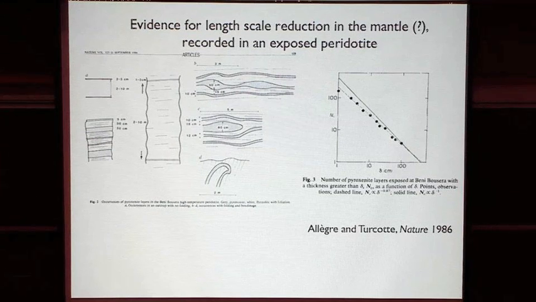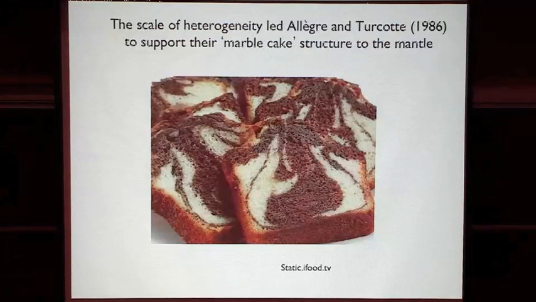And there are other interpretations that then don't suffer from seeing these small length scales. But this was the origin, for example, of saying the internal composition of the Earth has a marble cake-like structure, which I've never, to be honest, made one of these, right? But I think you have chocolate cake and white cake, and you stir them a little bit, and things stretch. But not too much.